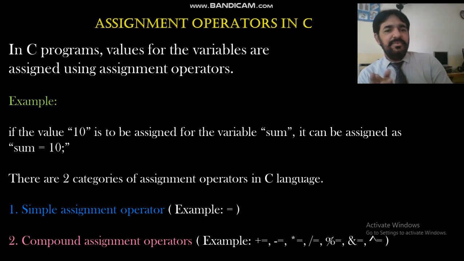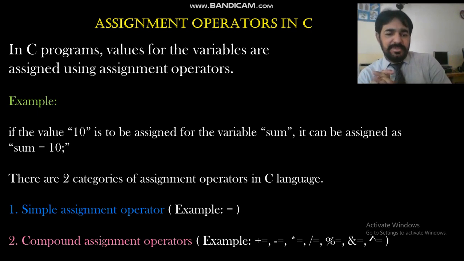In a C program, values of variables are assigned using the assignment operator. For example, if the value 10 is to be assigned to the variable sum, it can be assigned as sum = 10. This is the basic structure of how we assign a value. There are two categories of assignment operators in C language.